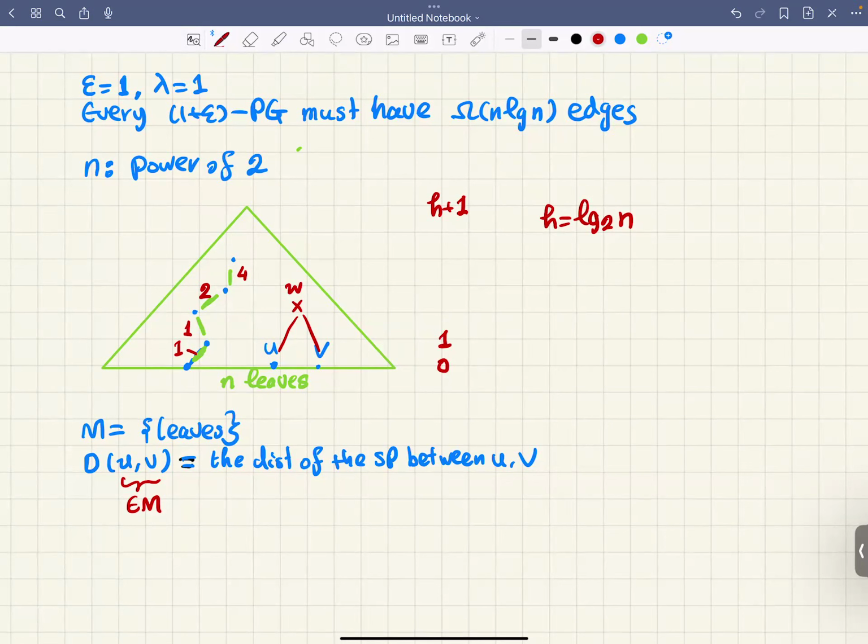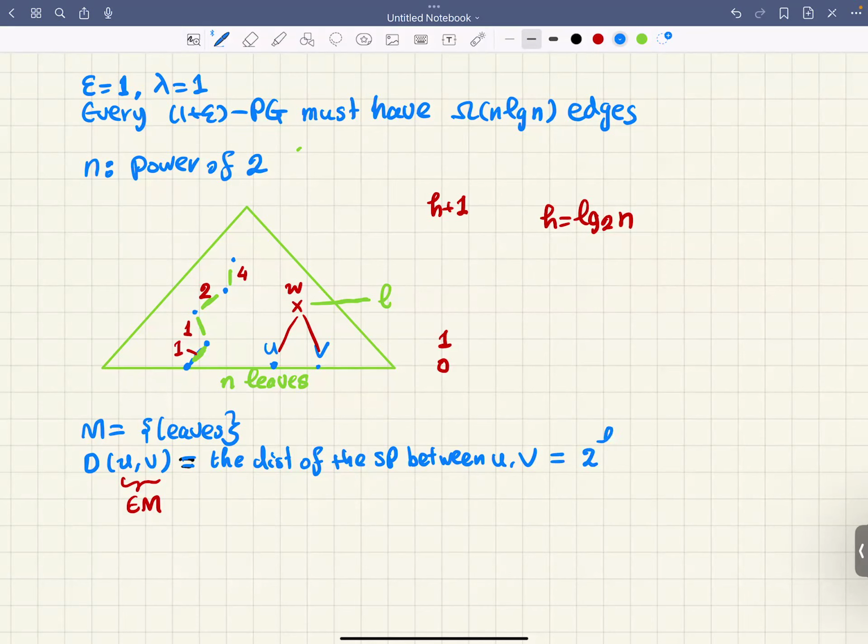Good. By the way we designed this distance function, there's one very nice way to calculate it. You simply look at the level L of the LCA, and we start counting from 0. You can do the math and realize there's something very convenient here.